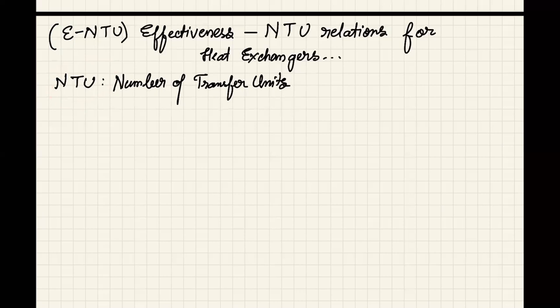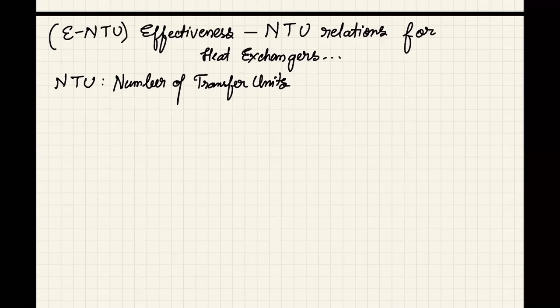So epsilon NTU is a kind of method to solve the problems. There, instead of delta T LMTD, you will have delta C LMTD, the log mean difference of the driving force. Here it was temperature, so it was the temperature log mean difference, and things will be pretty much similar. So you can take the understanding from this and apply it there as well.